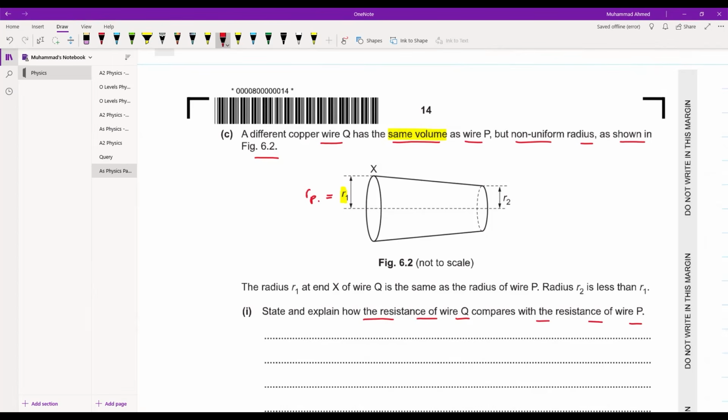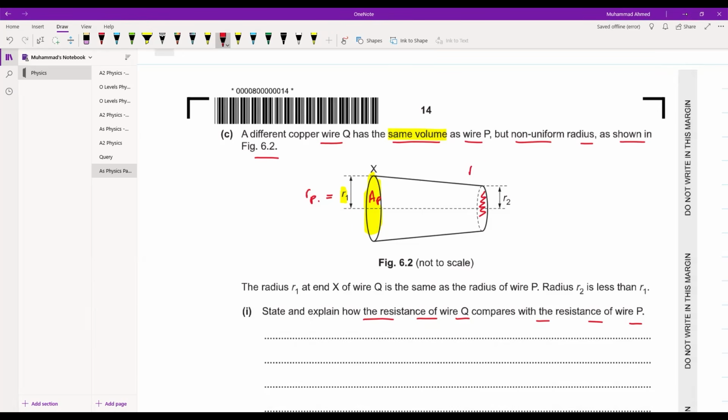Okay, very easy. Now, one thing is very evident. Can you realize if R1 is equal to RP, this cross-sectional area will be the same as the area of P. But as you go forward in the wire, your area decreases.